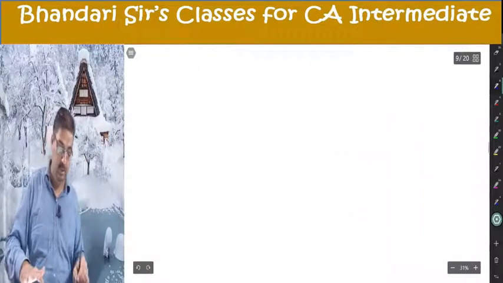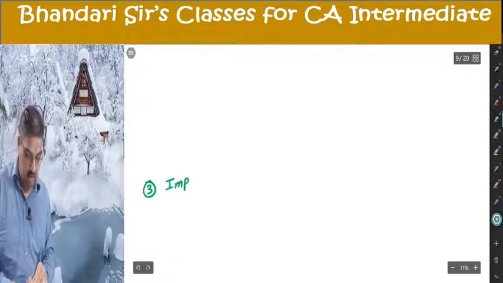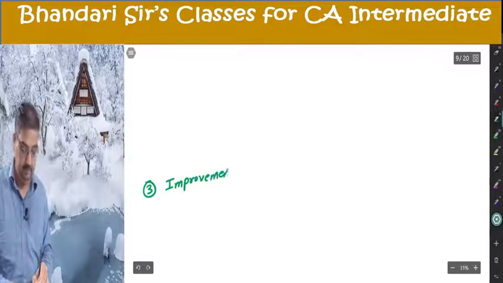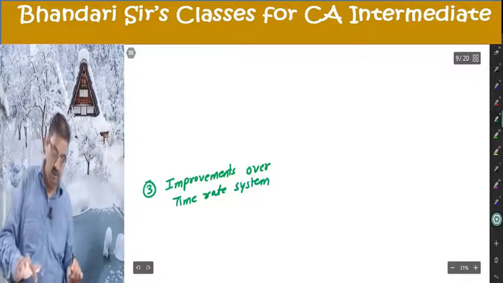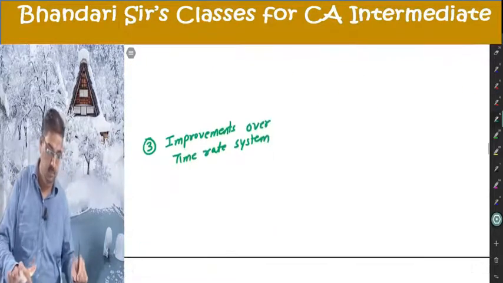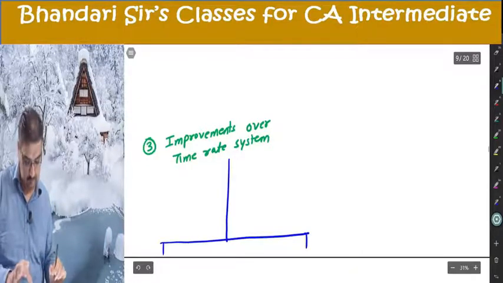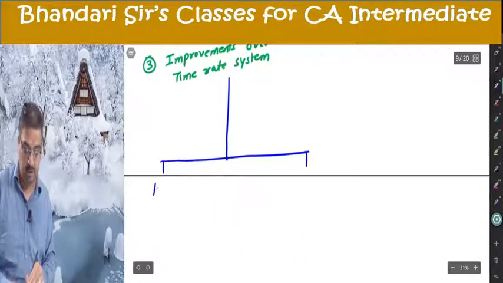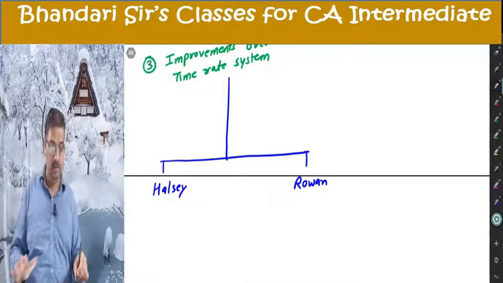After these, number 3, third category, improvements over time rate system. Here you will get most important two plans. The most important plans for your syllabus, Halsey, Rowan. There are many more, but we are going to do these broad plans.